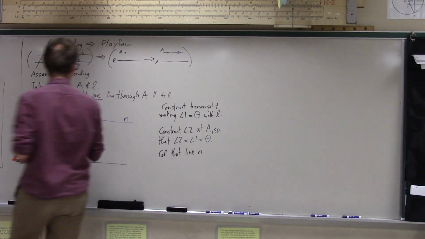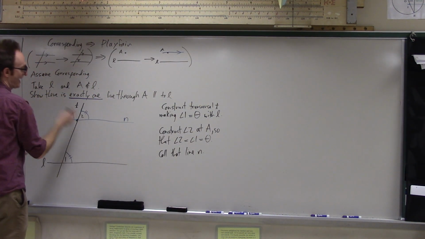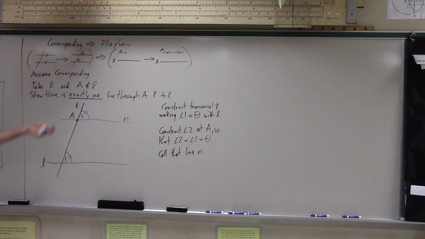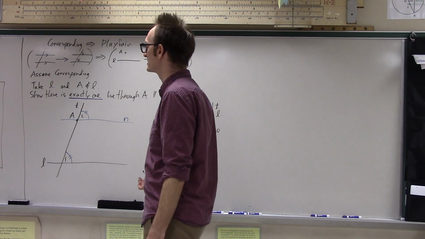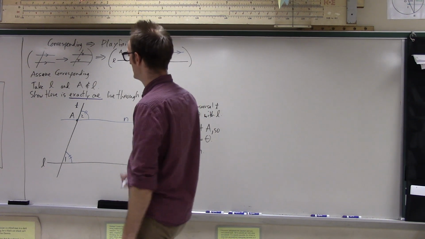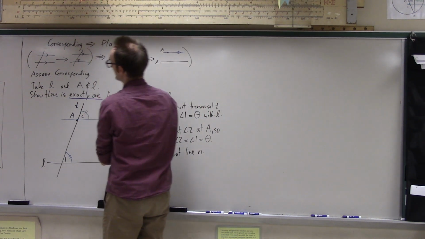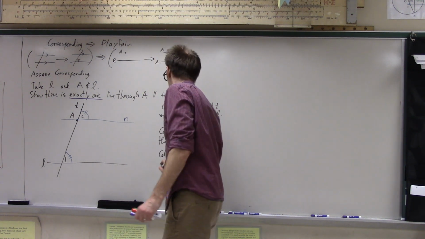So what did I do? I just took a point, I drew a transversal, I copied the angle, and now, of course, there's something very clear that we want to say, and that is that these two lines, N and L, are parallel. And the reason is converse corresponding. Converse corresponding, which is true in neutral geometry, says that if these two angles are equal, then the lines are parallel.